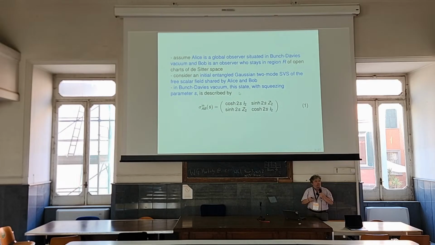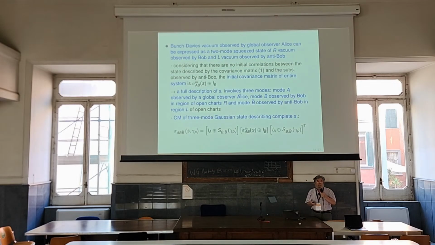By considering an initial Gaussian state of Alice and Bob, we have a situation in phase space which can be described by Gaussian states. The formalism of phase space is very nicely described by covariance matrices, whose elements consist of first moment of operators of quadrature and second order operators.